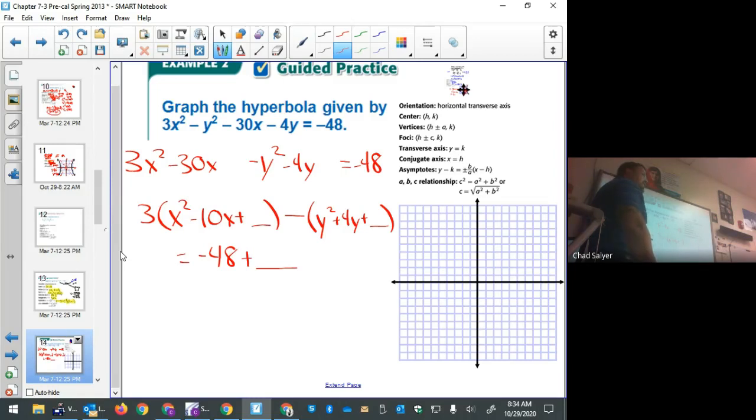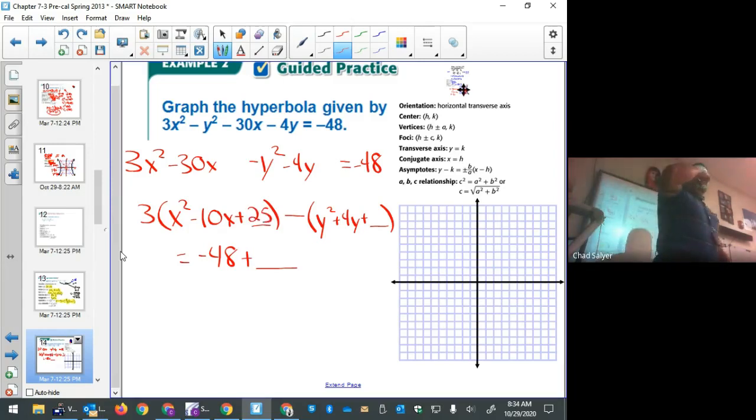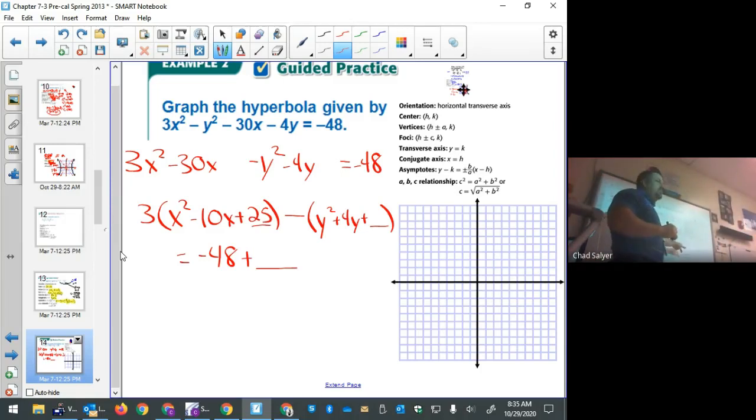So 1/2 of 10 is 5, squared is 5 times 5. Oh, 5 squared. I was thinking square root. Don't overthink it. Macy, what goes here? Very good.